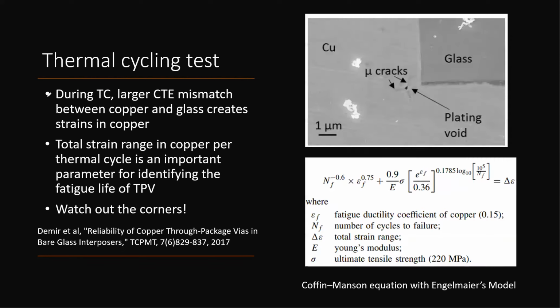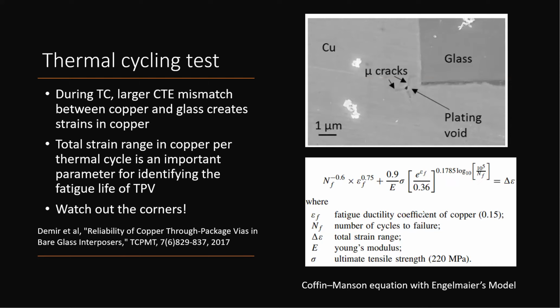Then if you do more, you can find people try to do a lot of theoretical work, trying to find out what is the reliability of copper through-package via this TGV, and then they come up with this formula. Reliability experts are really good at this.